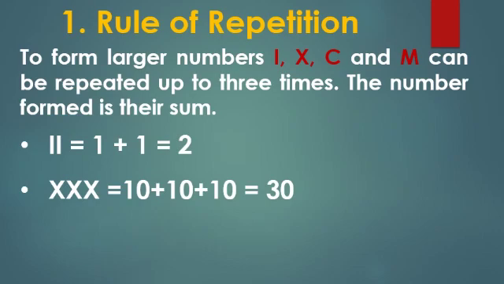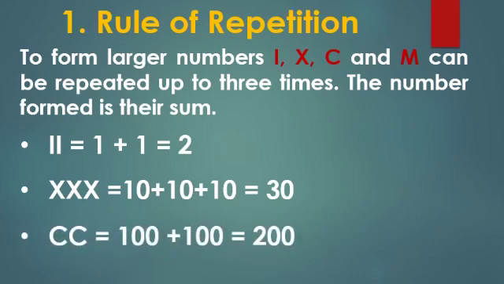So XXX is equal to 10 plus 10 plus 10 is equal to 30. Last example is CC. Here C is repeated 2 times. As we know the value of C is 100, then 2 times C is equal to 100 plus 100 is equal to 200.